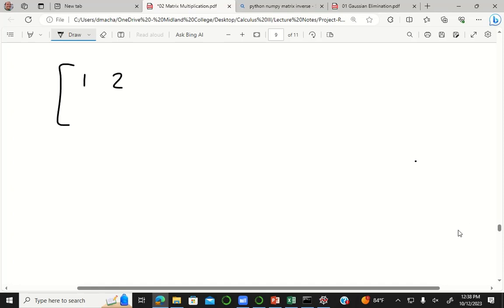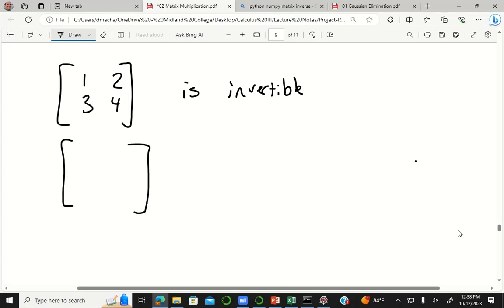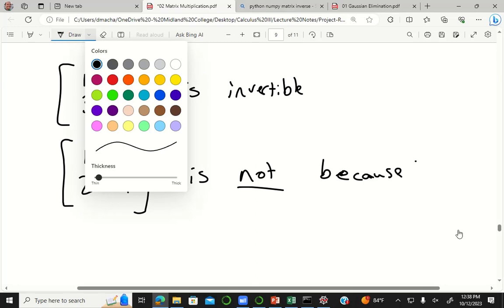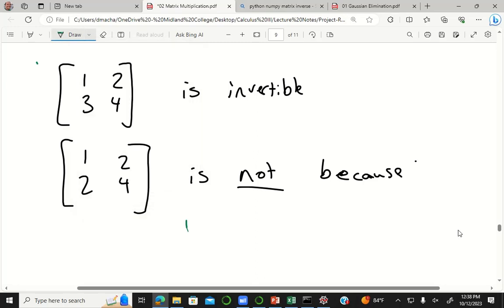Like the matrix 1, 2, 3, 4 is invertible. But this matrix 1, 2, 2, 4 is not, because the first column is equal to a scalar times the second column.